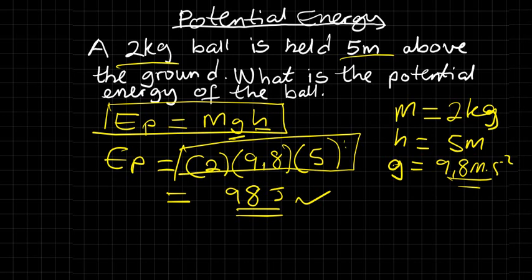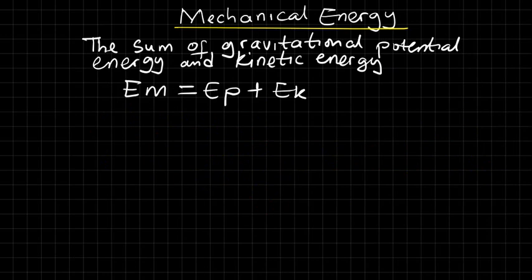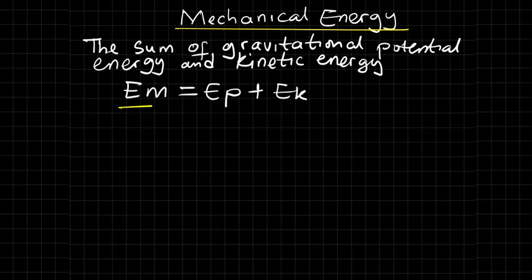Now the next subtopic we're going to look at is mechanical energy. Mechanical energy is the sum of gravitational potential energy and kinetic energy. So mechanical energy is therefore gravitational potential energy plus the kinetic energy.